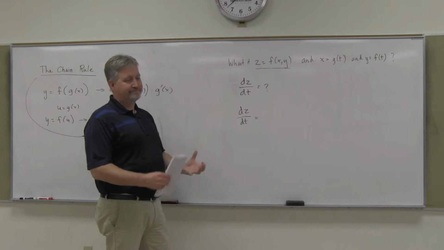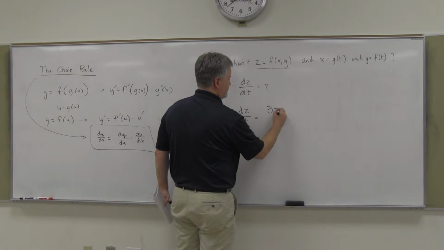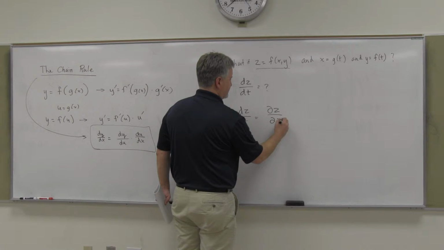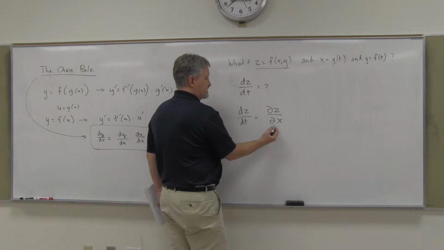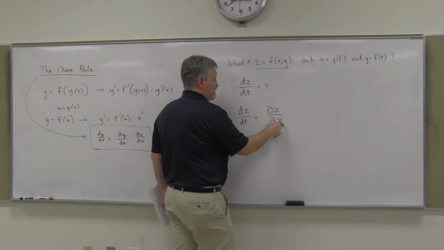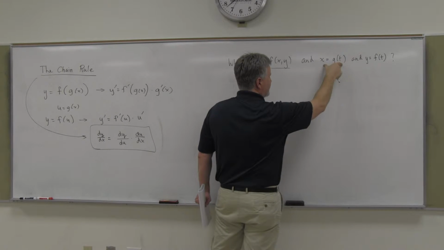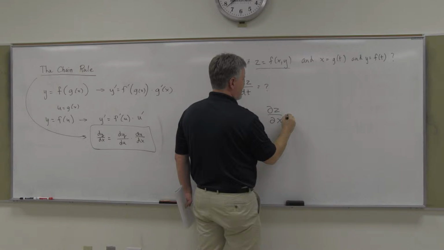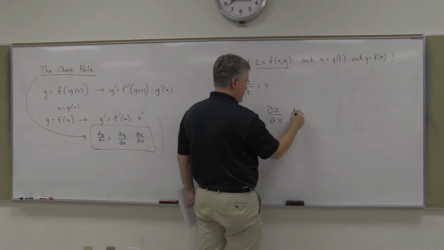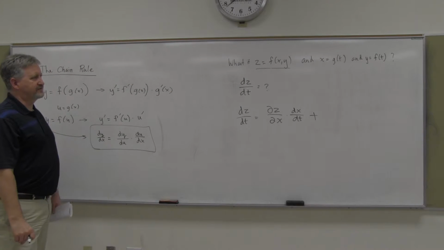Basically I have to do those separately. Let's just consider this one. Since I'm doing the partial of z with respect to x, now I need to go to the x here. x is in terms of t, so I've got to do the derivative of x with respect to t. That's the first part of it.